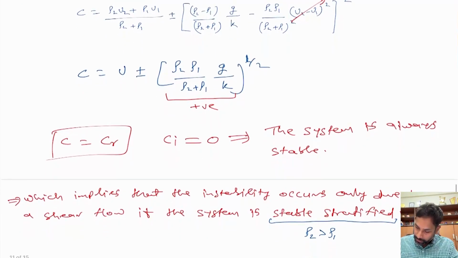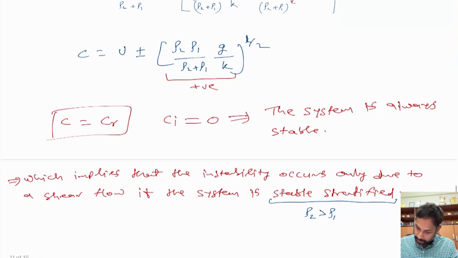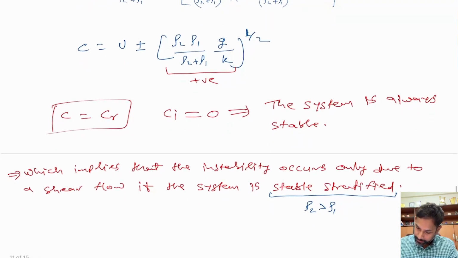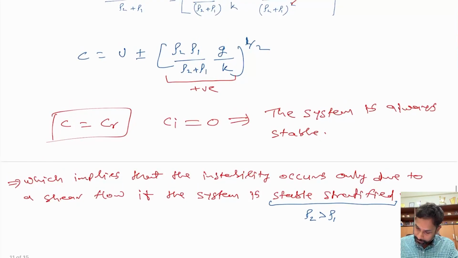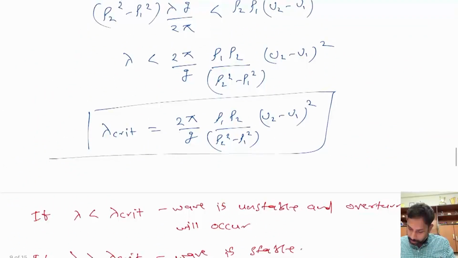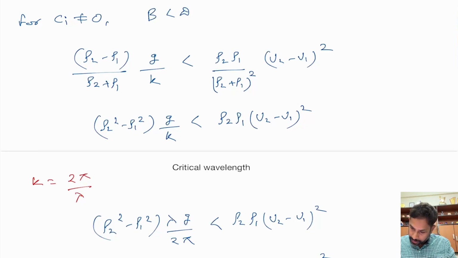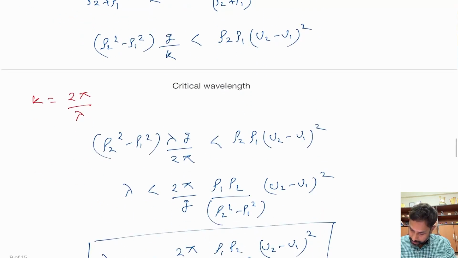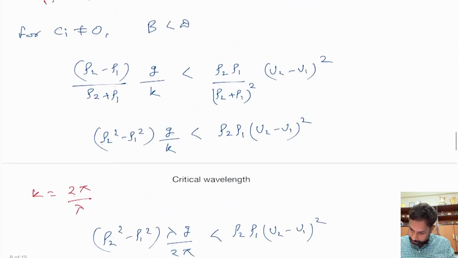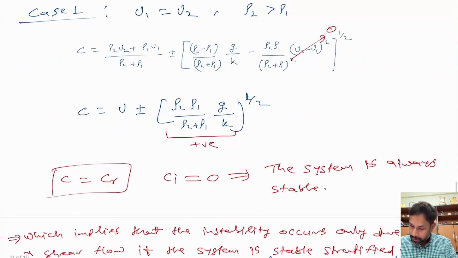And now if you analyze this further, if we use this criteria and go back to this equation that we have derived, I just found out there is a mistake here. So there should be a minus sign here, right?